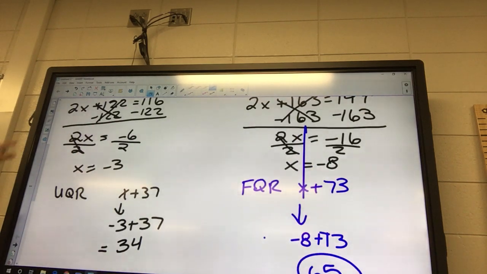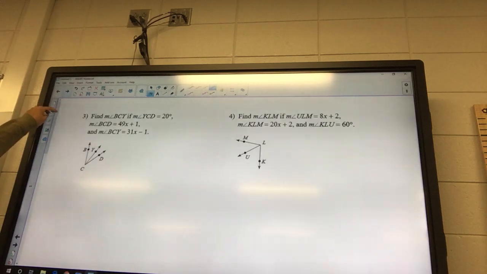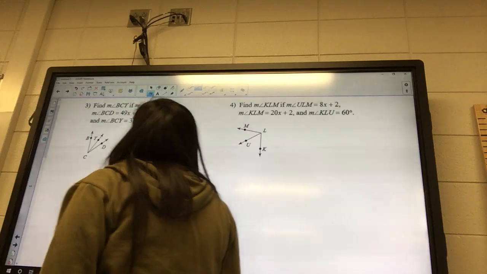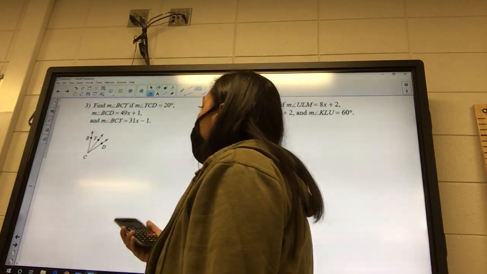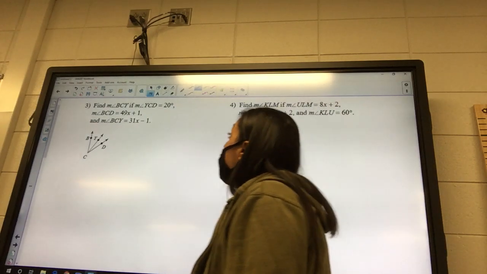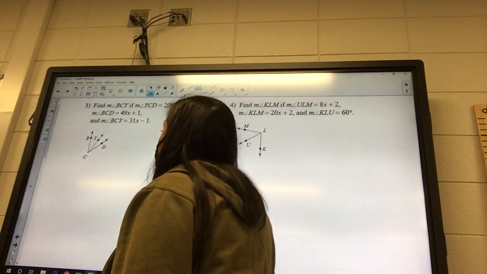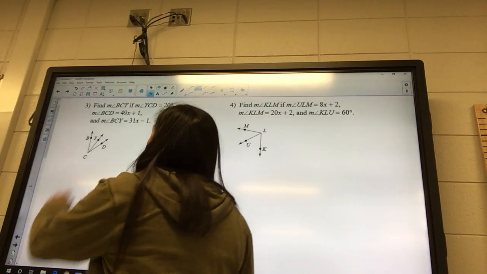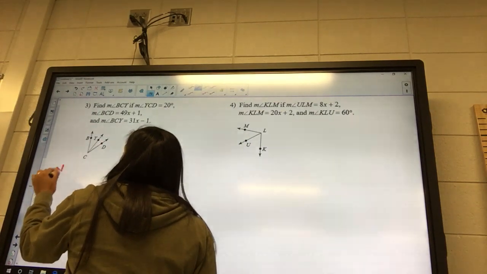Good? Okay, so let's look at 3. It says find BCY. So that's our whole goal, to find what BCY is in degrees. YCD is 20, that's going to be a little one.